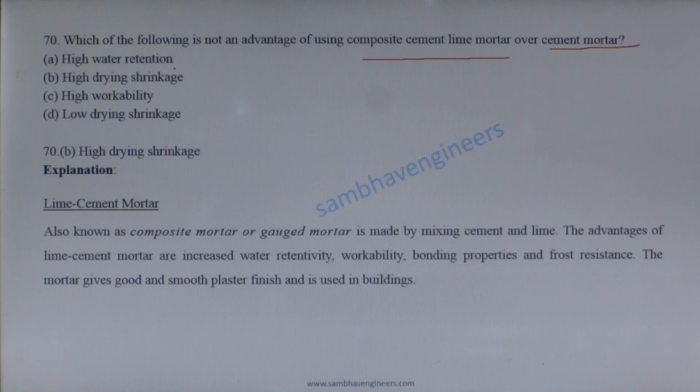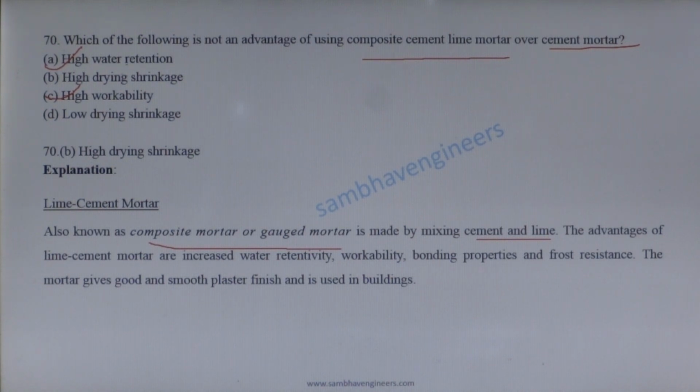High water retention is the advantage of composite cement lime mortar, which is also known as gauged mortar, and is made by the mixing of cement and lime. The advantages of lime cement mortar are increased water retentivity, increase in workability, bonding properties and frost resistance.